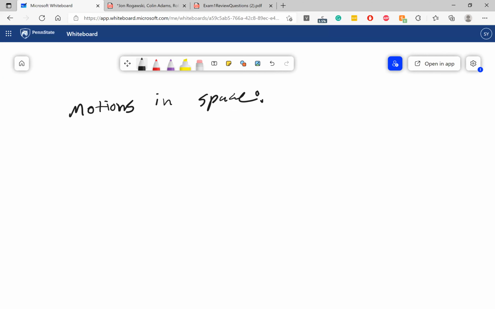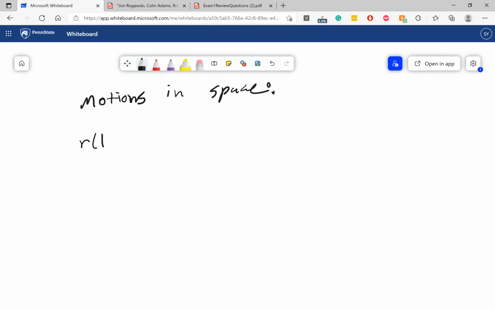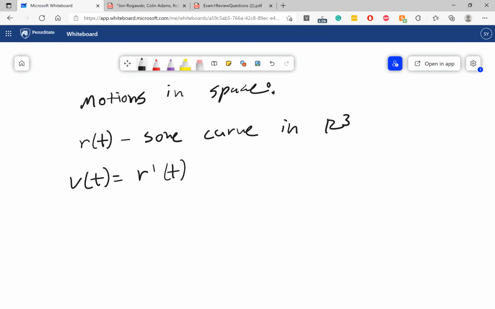So first, it's important to remember that if you have your curve r of t in R3, then your velocity v of t, which we call the velocity, is going to be r prime of t.